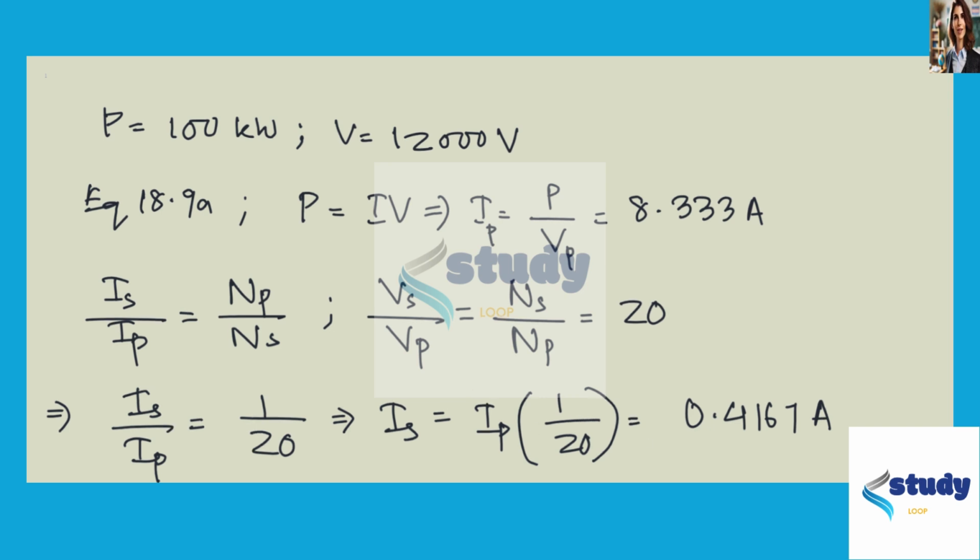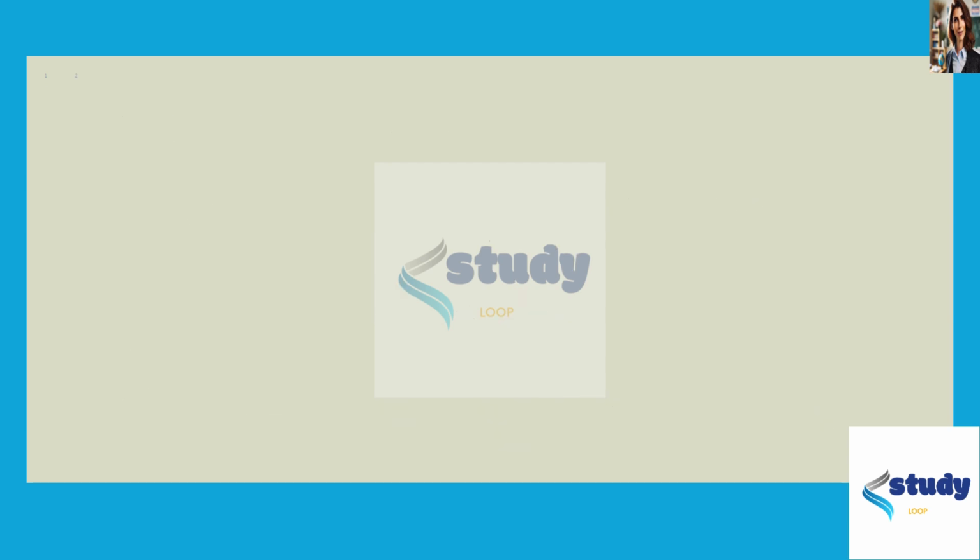Now that we have Is, the current in the secondary coil, we can find the power lost using equation 18.6a. The power lost will be I squared R, where I is the current in the secondary coil, obviously.